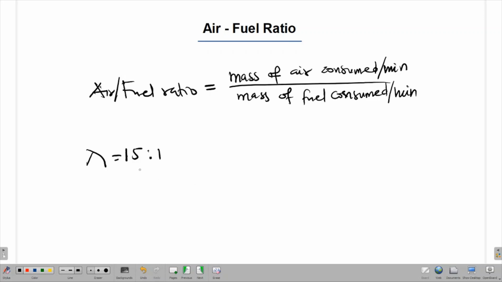So lambda is approximately 15 to 1. This means that for the complete combustion of petrol, we need about 15 kilograms of air to burn 1 kilogram of fuel.